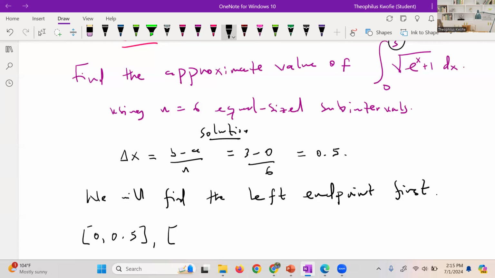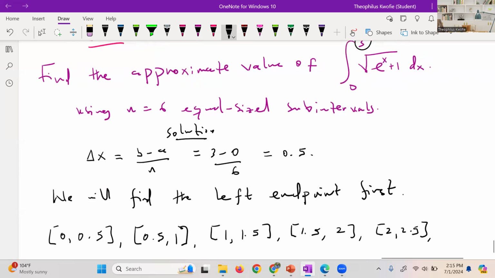Then the next one will be what? 0.5 up to 1. Then from 1 to 1.5. Then we have 1.5 to 2. And then from 2 to 2.5.